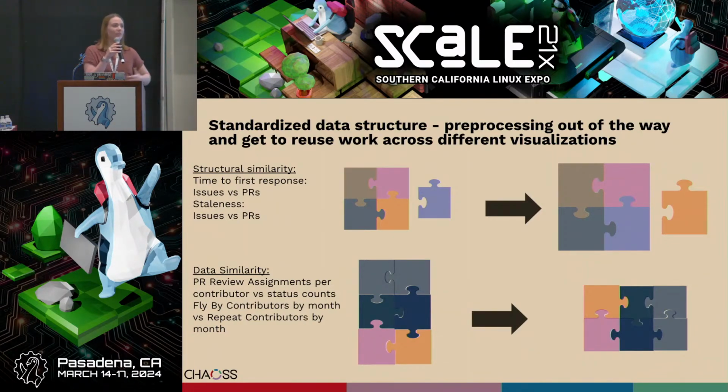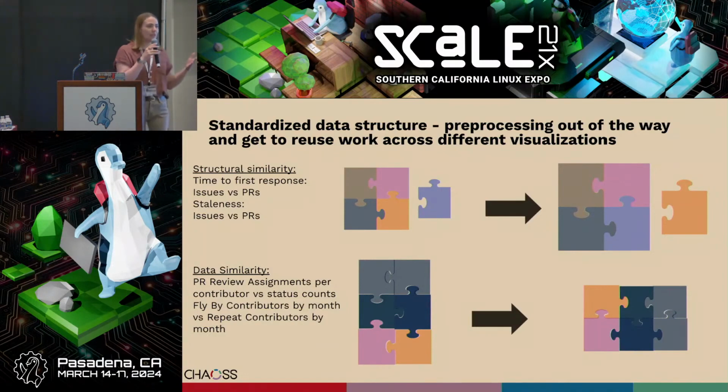Are there contributors that are being incredibly overloaded with that responsibility versus others, and how is that responsibility distributed over time? And maybe there's a case where you just want to know in the aggregate, is my community assigning PRs or is it not? Is it assigning issues or not? In some cases that might not really apply to your community, but this is one of those data similarity standpoints. Another one is looking at flyby contributors versus repeat contributors.